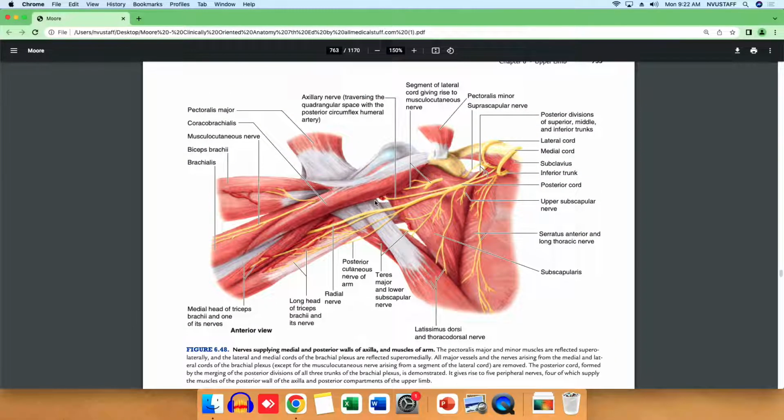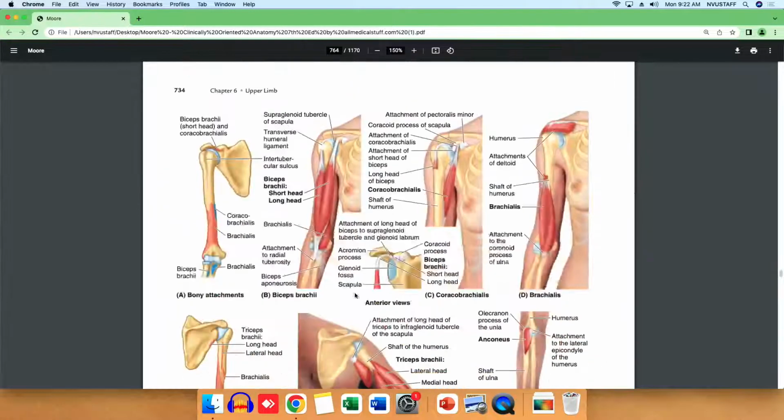So we have biceps brachii, brachialis muscle, and coracobrachialis. Making it better to understand, and then let's come back to the previous picture so it would be more like a solid knowledge of yours.